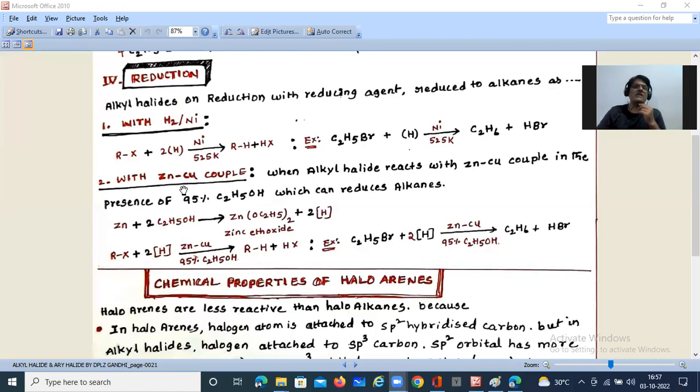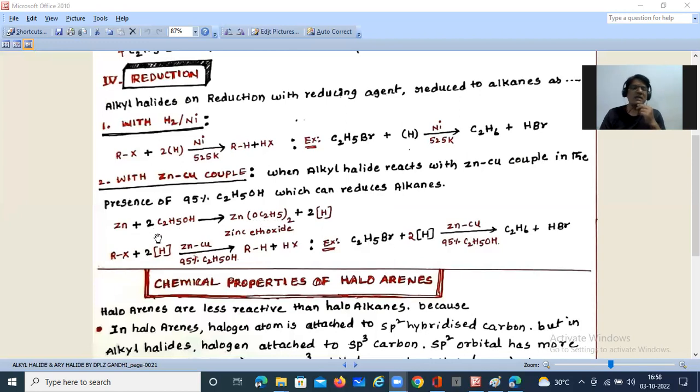Next one, reaction with zinc copper couple. When alkyl halide reacts with zinc copper couple in the presence of 95% alcohol like C2H5OH, it can be reduced to alkanes. See the example. First, the zinc reacts with the alcohol to form a complex compound and release nascent hydrogen.